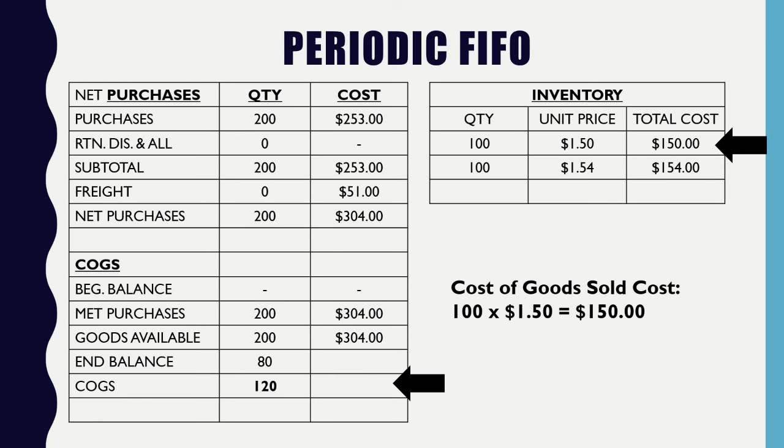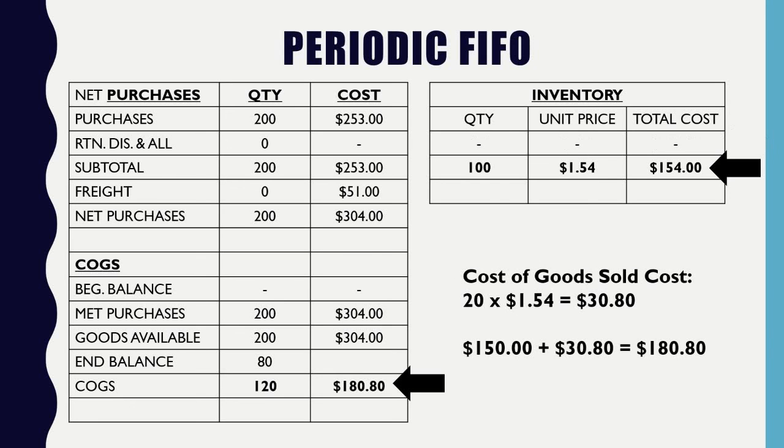Okay, so 20 is your quantity. How much does it cost per item? $1.54. So if you multiply those two numbers, you're going to get a total cost. 20 times $1.54 is going to give us $30.80.